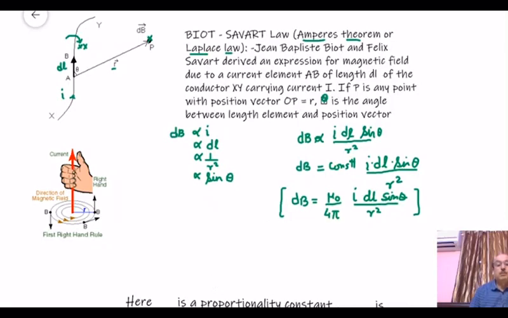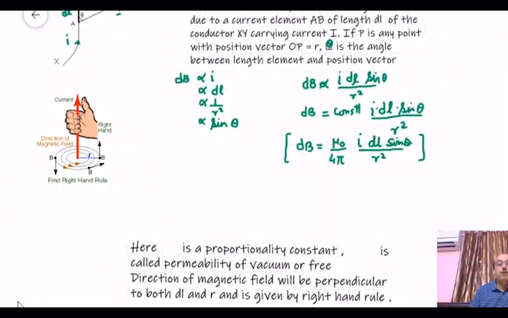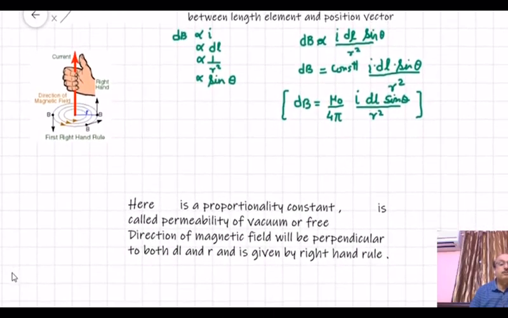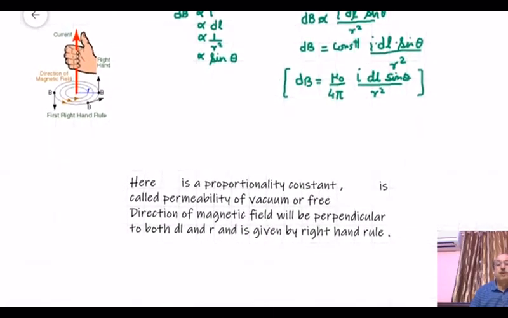Here, mu naught by 4 pi is a constant, and mu naught is called the permeability of vacuum or free space.